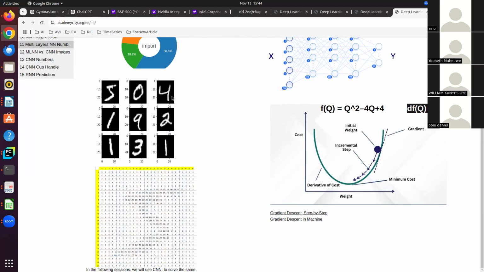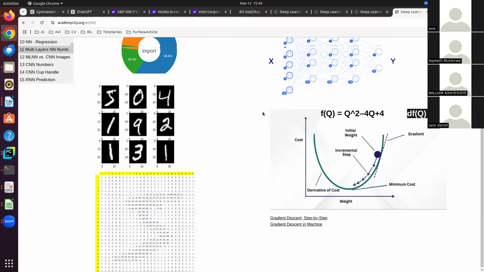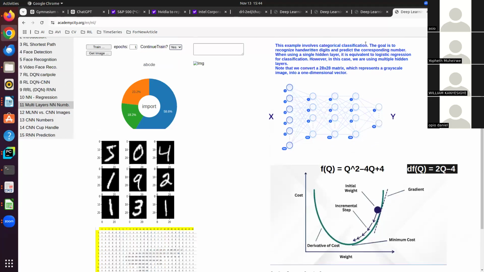Now, those images can belong to one of 10 possibilities, 0, 1, 2, 3, up to 9. So what I'm trying to do here in this example, I'm putting all the representations of a specific image in here, and I'm trying to predict to which category this image belongs.